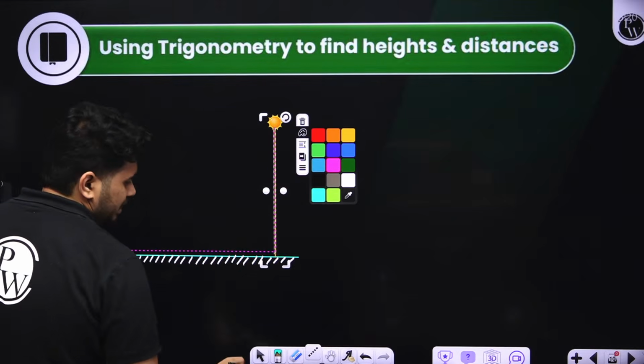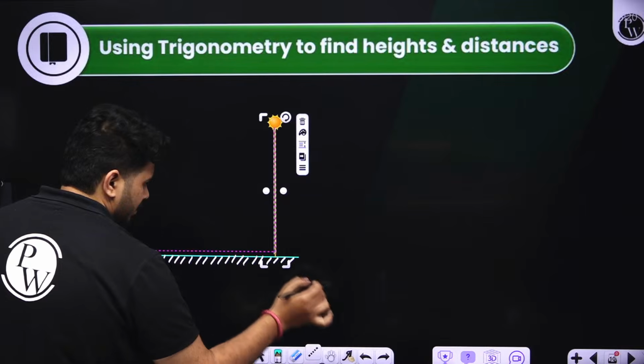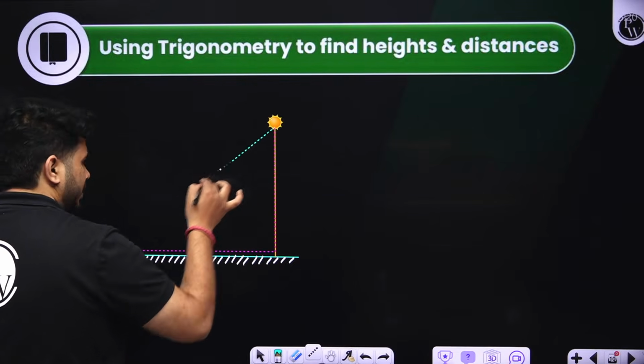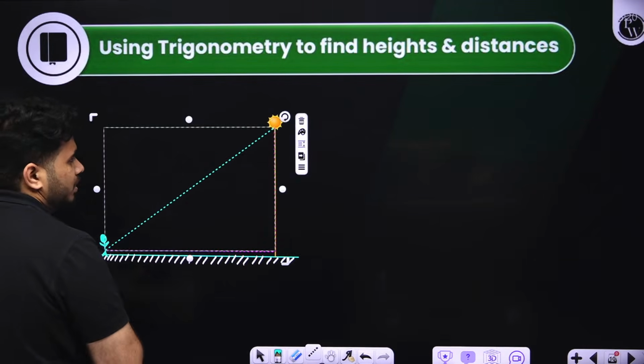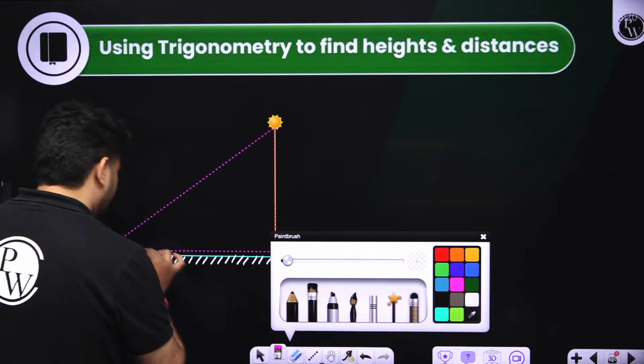Okay, so for that reason what we can do is we can connect him via a line. Let us connect a line like this. So whenever it is connected, now there will be an angle theta created over here.